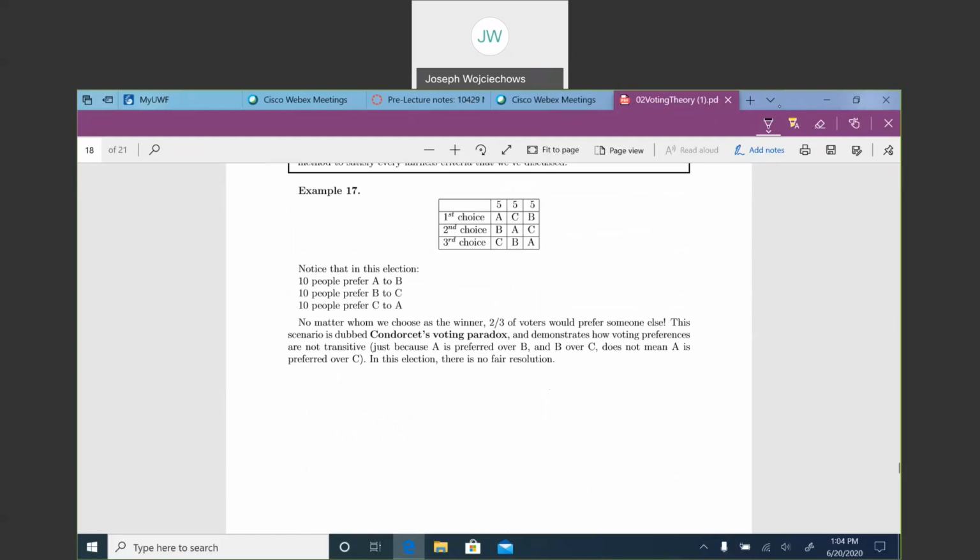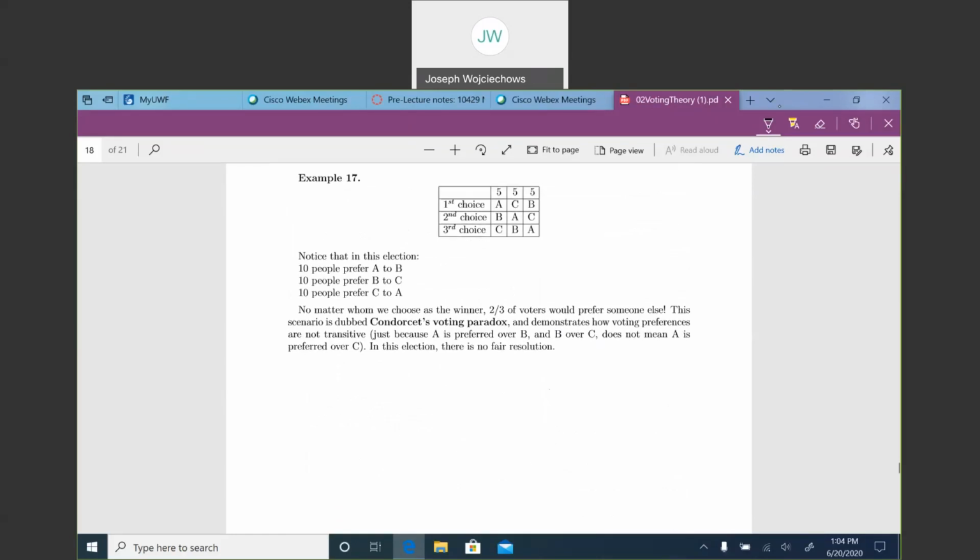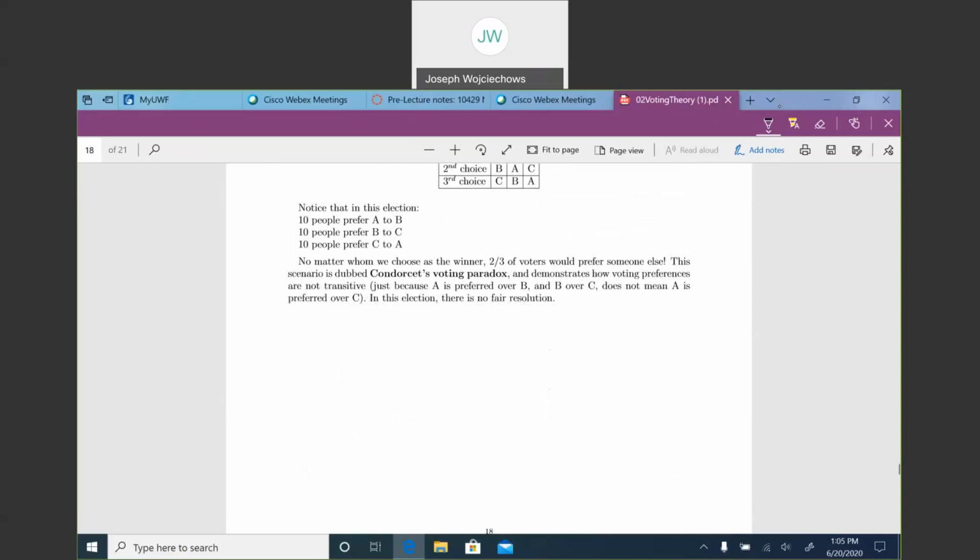So notice here we have another election. No matter who we choose as a winner, 2/3 of the voters would prefer someone else. This scenario is dubbed Condorcet's voting paradox and demonstrates how voting preferences are not transitive.